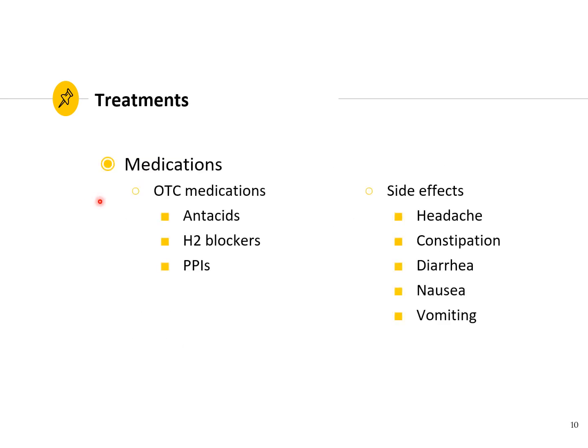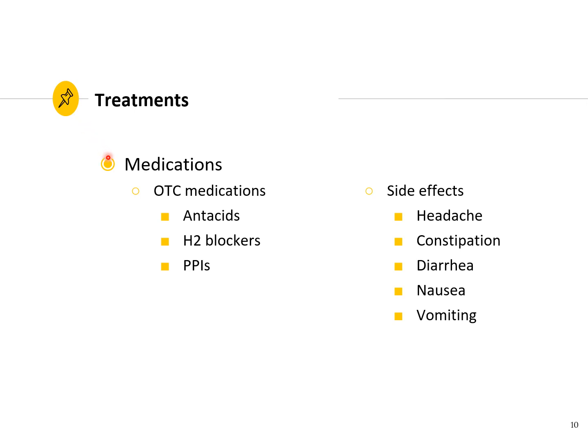Okay, so what are the treatments for GERD? To prevent and relieve the symptoms of GERD, you might be encouraged to make changes to your eating habits or other behaviors.